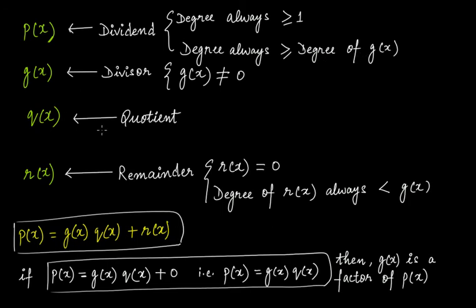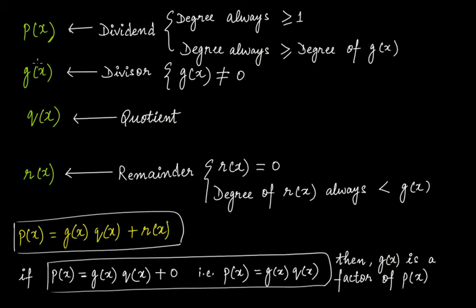Okay. q(x) will be a quotient when you divide p(x) by g(x), and r(x), let's suppose we get a remainder. So r(x) is that polynomial which will represent the remainder. Now r(x) can be a zero polynomial, and when will it occur? When g(x) is a factor of p(x).